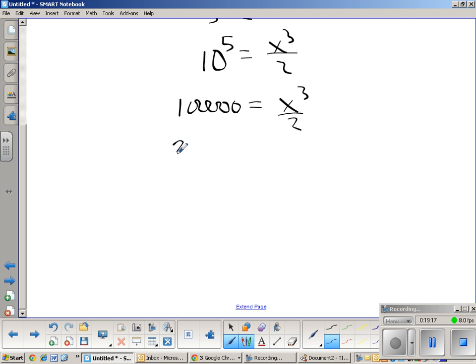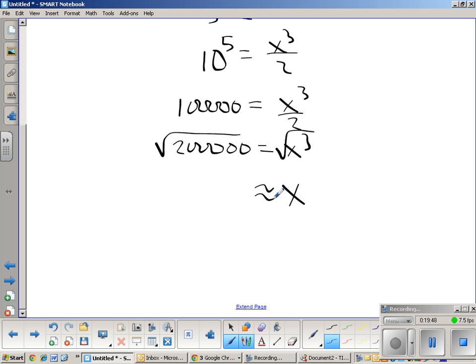And so 200,000 equals x cubed. And so if I cube root both sides, I'd have to look at the question on whether they want this rounded or if they want it simplified. In this case, they rounded.